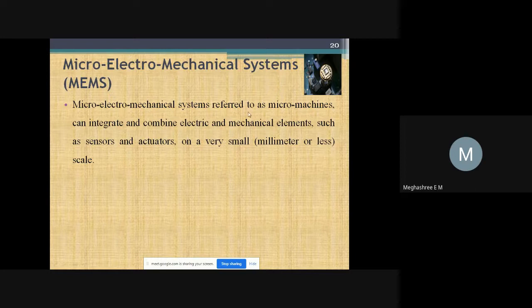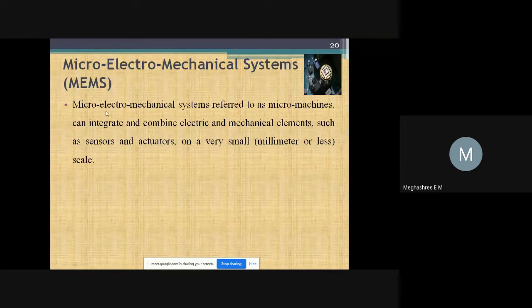Actually, MEMS means micro machines. Micro machines means what? Very tiny machines, right? Which may come in the nanometer range or something like that. So the machine is very small in size. This micro machine can integrate, combine electric and mechanical elements such as sensors and actuators on a very small scale.